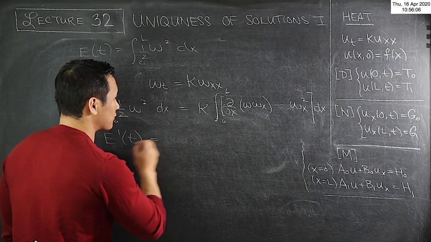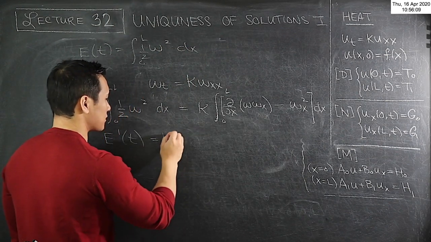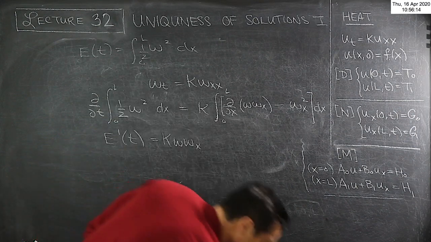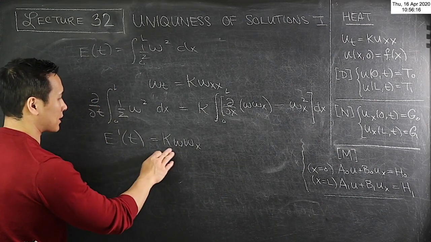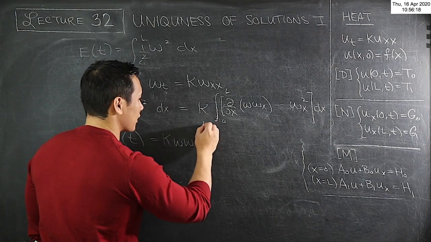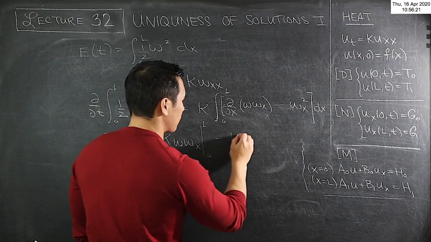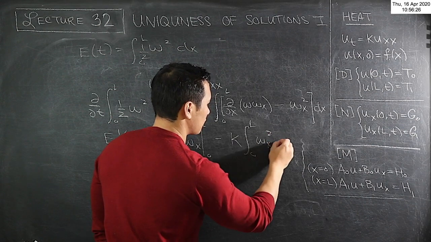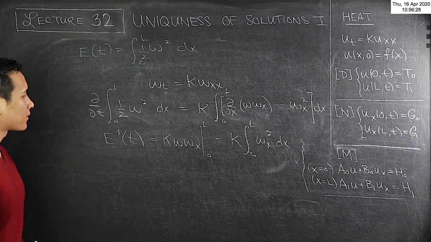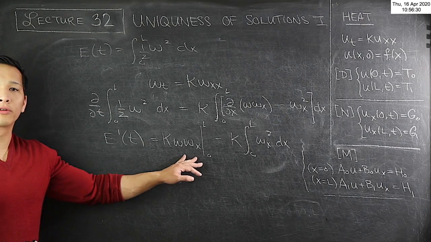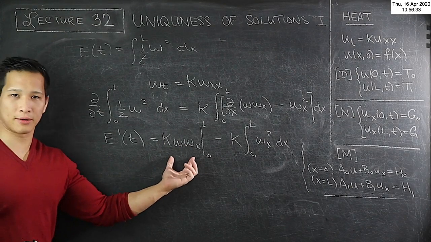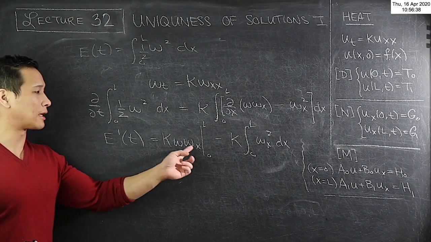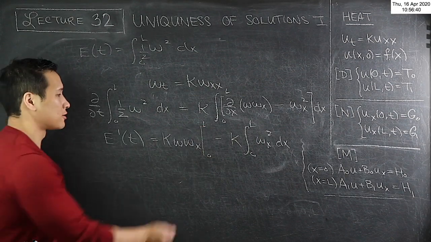So this is E prime of t equal to kappa times W W_x from 0 to L minus kappa integral 0 to L of W_x squared dx. But now you get to make the conclusion of what this term has to be based on the Neumann condition. I know that W_x at 0 is 0, and I know that W_x at L has to be 0, so this has to be 0.